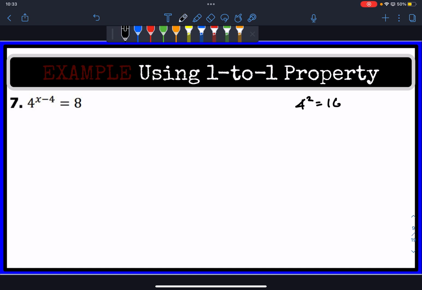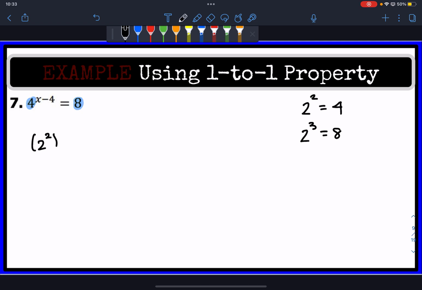However, if I look at a different number, a number smaller than 4 and 8, for example 2, you should notice that 2 to the second power is 4 and 2 to the third power is 8. So therefore, I can change both of these numbers to the following situation.